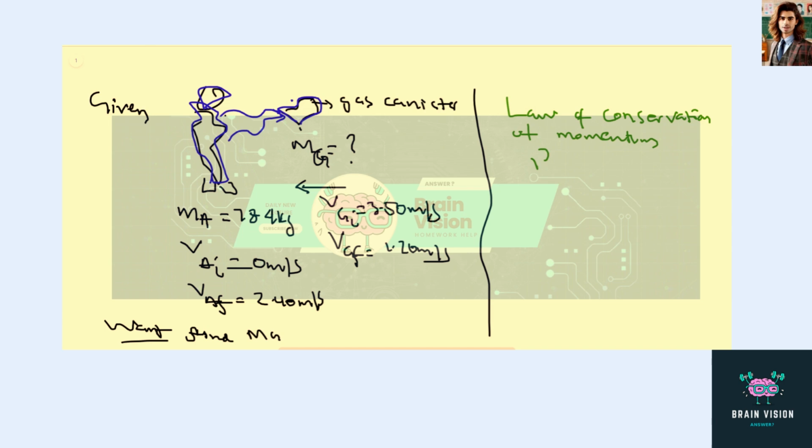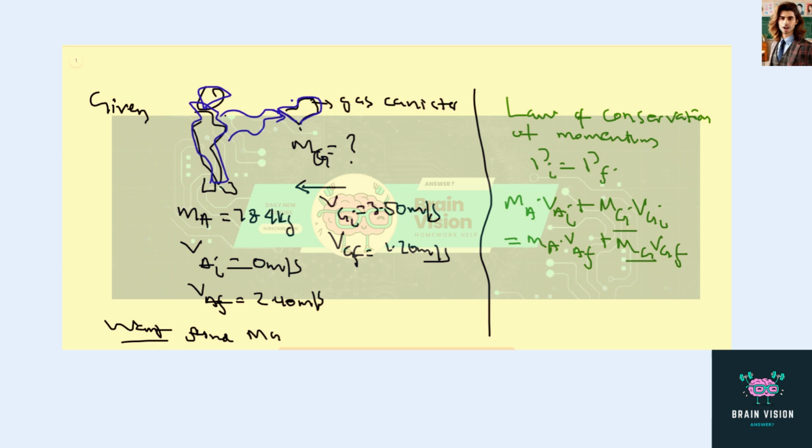The initial momentum of the system is the mass of the astronaut times the initial velocity of the astronaut plus the mass of the canister times the initial velocity of the canister, and that is equivalent to the final momentum of the system, which involves the final momentum of the astronaut plus the final momentum of the gas canister.